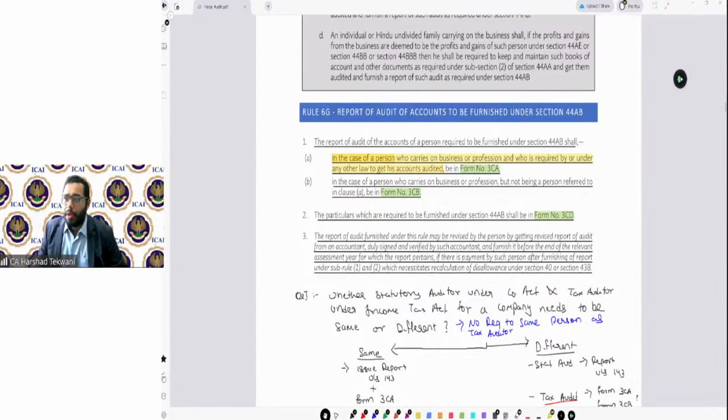Now, from here, we will be starting form 3CD, understanding how audit is required to be done in form 3CD. As I iterated in the last lecture, I'm reiterating again: you should be aware of the basic income tax provisions which are there in form 3CD.